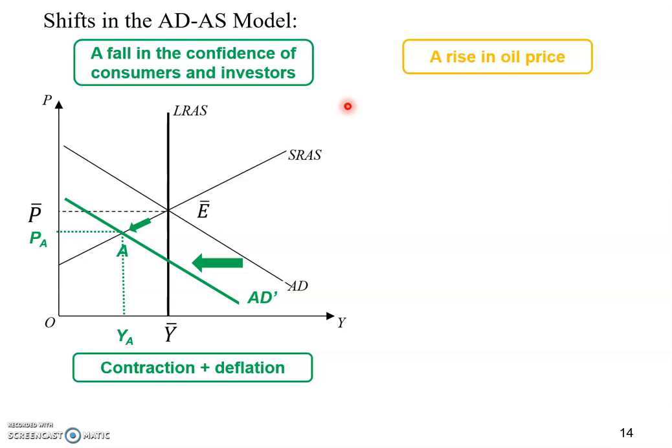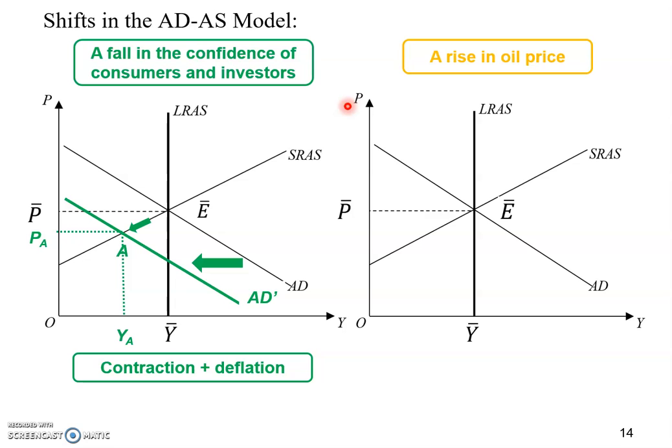So the short run aggregate supply curve should shift to the left. Again, we start with E bar, that's a short run and long run equilibrium, and then we shift the SRAS to the left. So that's this orange one you see, and we find a new intersection between the SRAS and the AD.